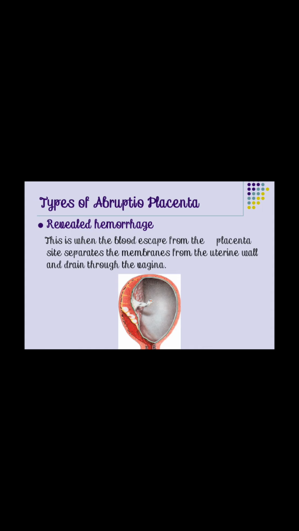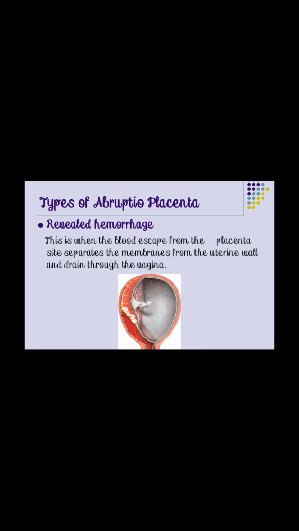Ya kwanza ni revealed hemorrhage. This is when blood escapes from the placenta site, separates the membrane from the uterine wall and drains through the vagina. In short, ni ile type ya placenta abruption ambako placenta ikisha separate, blood escapes from site of separation, ita drain through the vagina.